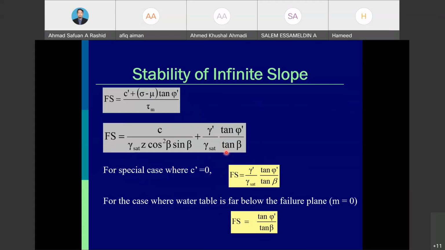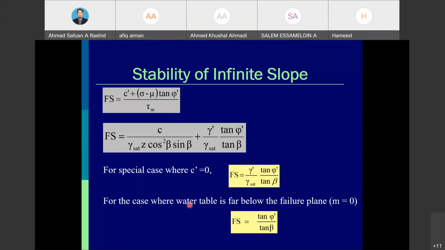So for the special case where the groundwater level is at the surface while C is equal to 0, the factor of safety has been derived as gamma prime over gamma sat times tangent phi over tangent beta.